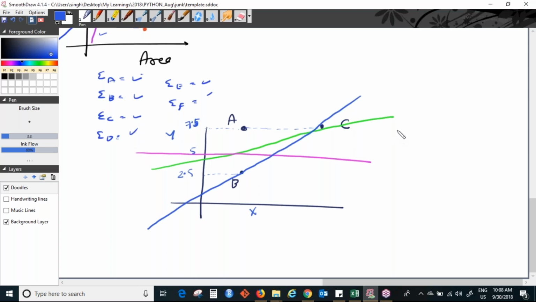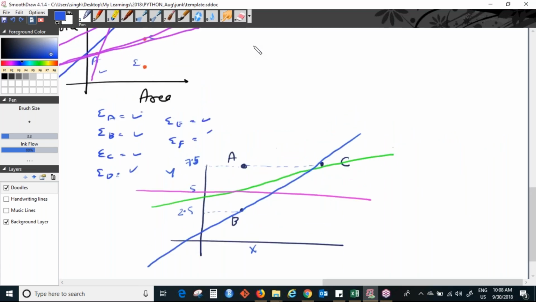So let's find the actual value, the predicted value, and the error. I'll write the actual value, the predicted value, and the error due to the blue line, the error for the green line, and the error for the pink line.